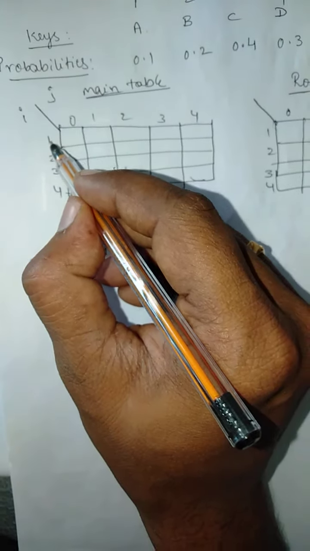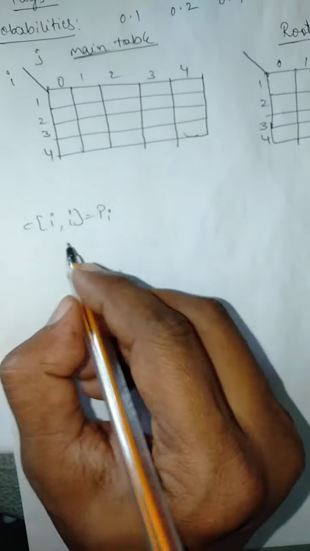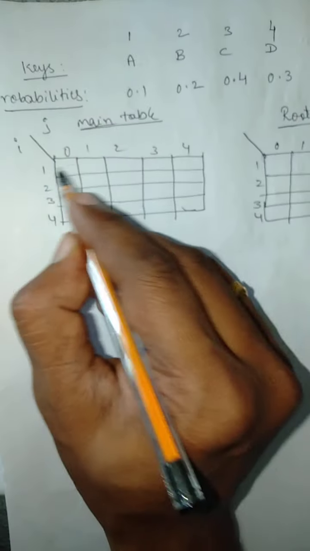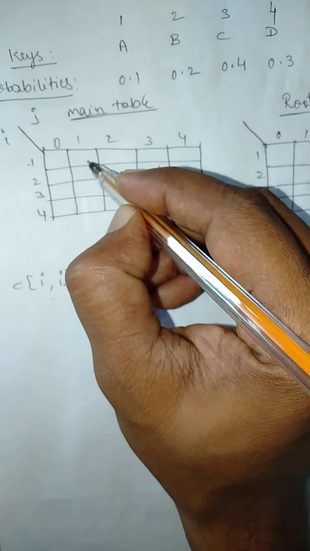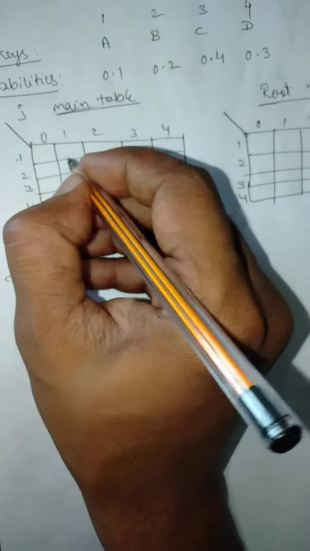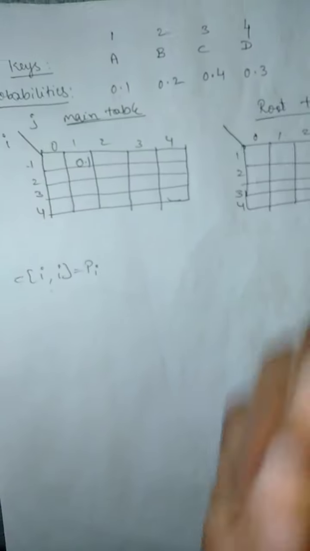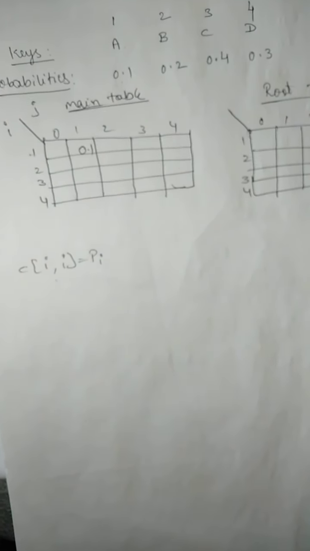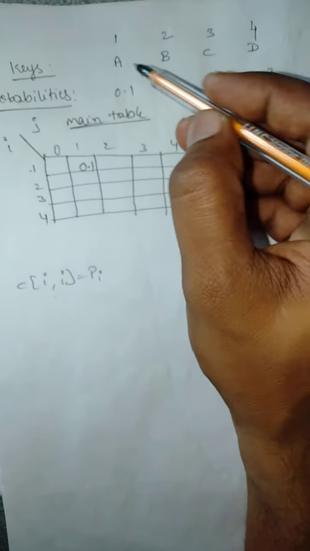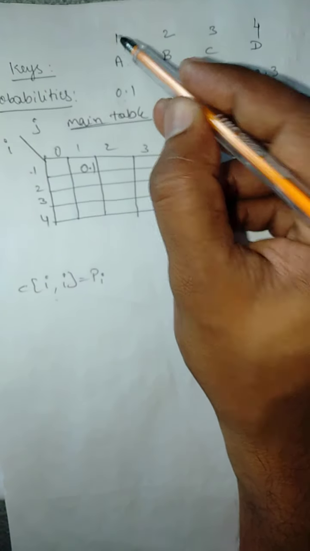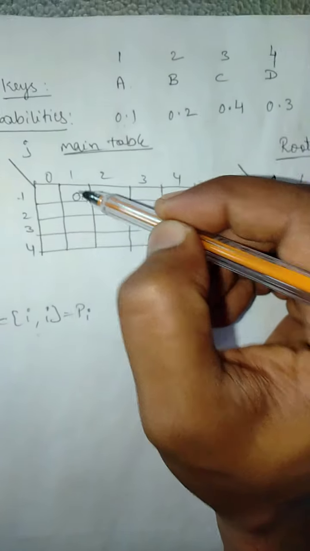Therefore C of 1 comma 1, 2 comma 2, 3 comma 3 and 4 comma 4. The probability of the first key is 0.1, so fill 0.1 here.